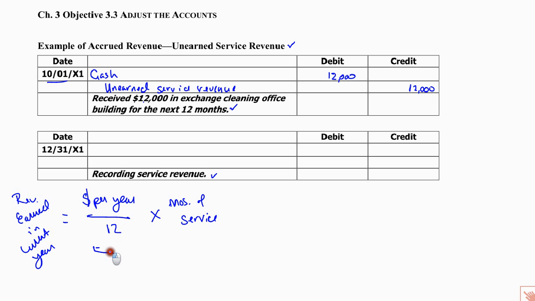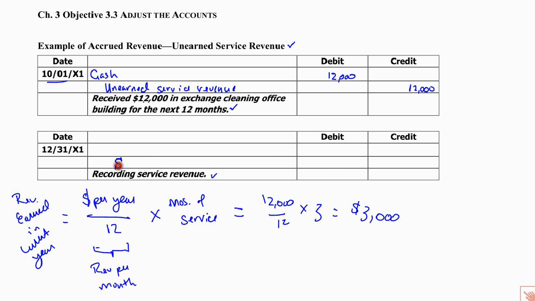So this here is revenue per month, and then you multiply it by the months of service. This is revenue earned in current year. So in our case, it's 12,000 divided by 12, October, November, December, times 3. That should be 3,000.